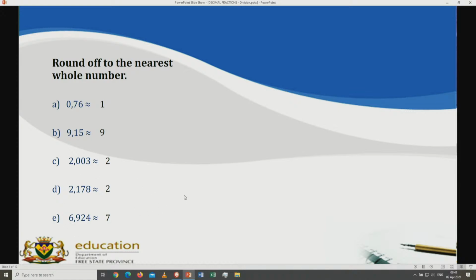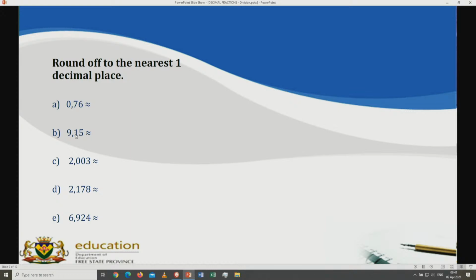So we must go to the next whole number, which is 7. That's very good. Now let us take the same numbers and look at them, now rounding them to the nearest one decimal place. They are the very same numbers again. Now this time around, because we are rounding them to one decimal place, which means we are rounding them to the tenths. 0.76 rounded to the tenths.